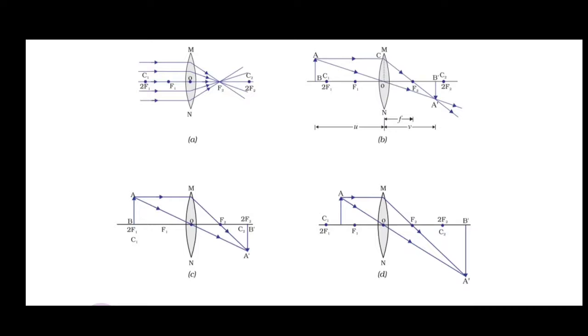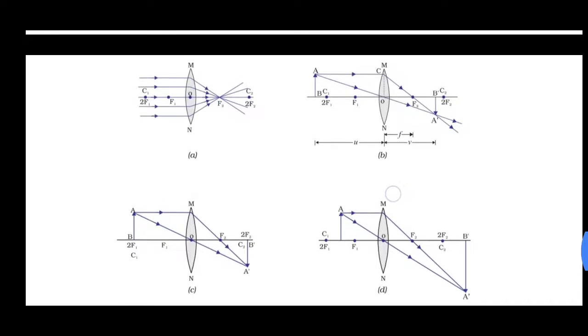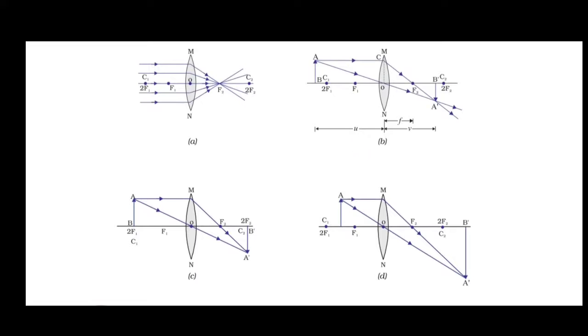In the second figure, the object is beyond 2f1. AB is the object. The first ray of light is parallel to the principal axis. It will pass through the focus, that is f2. When the ray of light passes through the optical center, it will not deviate.